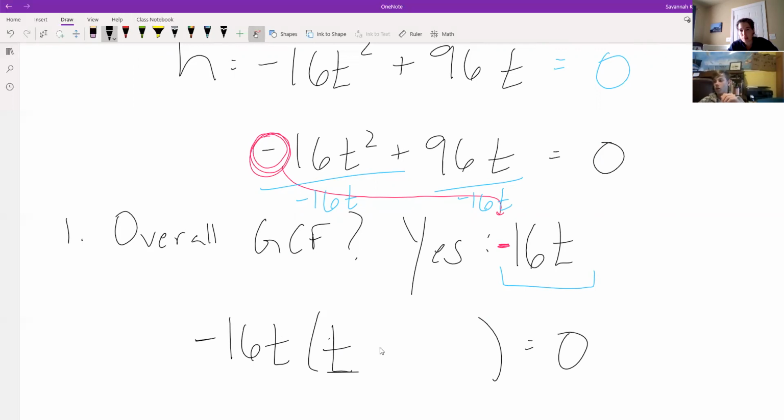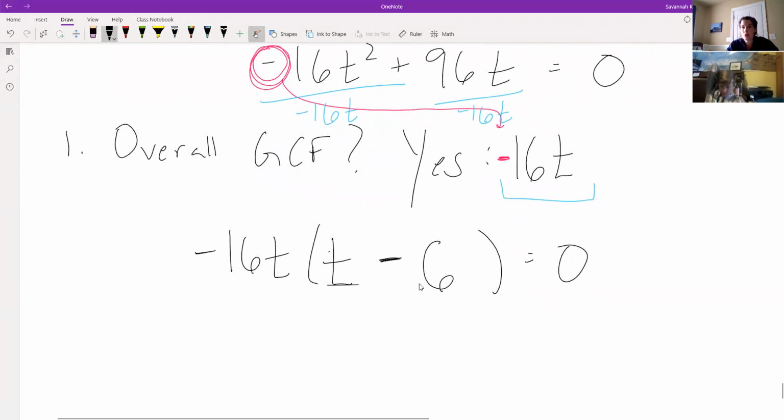The negative came out, so this will also turn negative. And then what is that? Yeah, that's a 6. So this is my factored form.